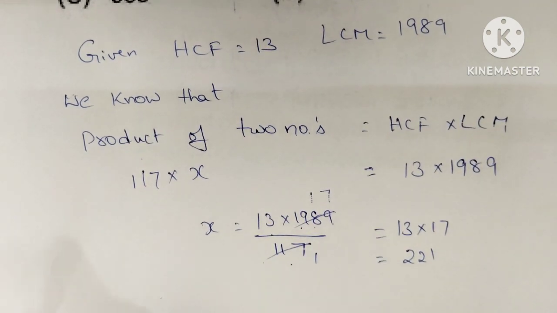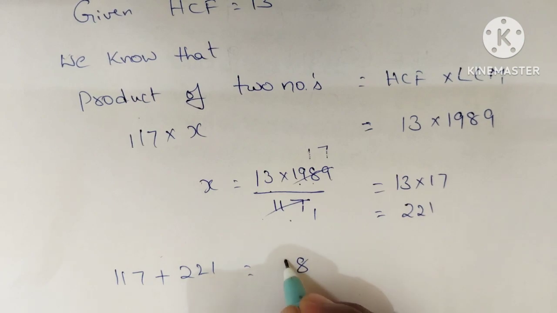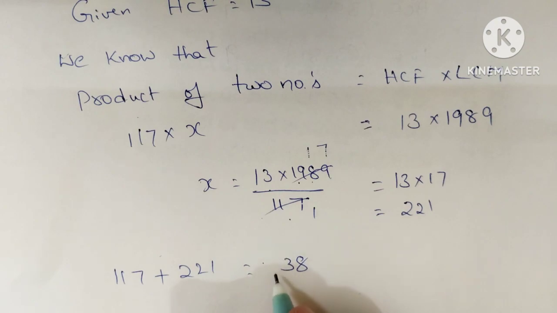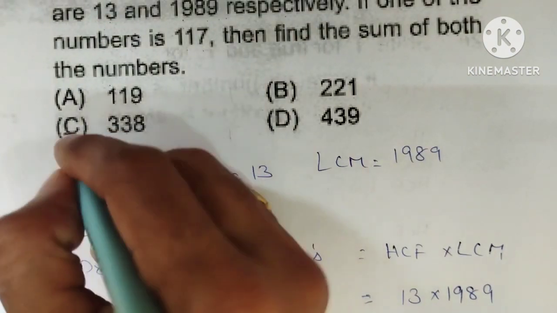So the first number is 117 and the other number is 221. So the answer is 338. So the option 338 is the correct one.